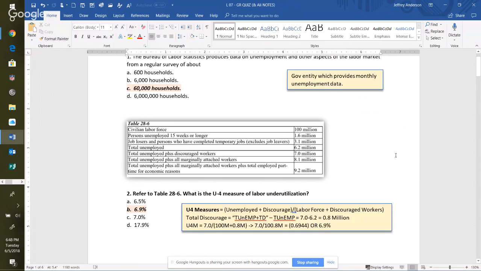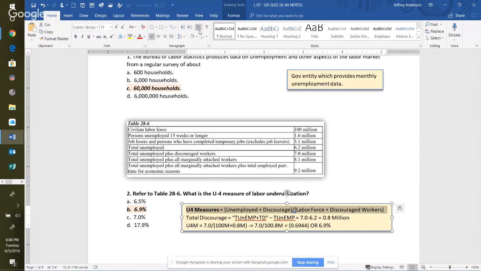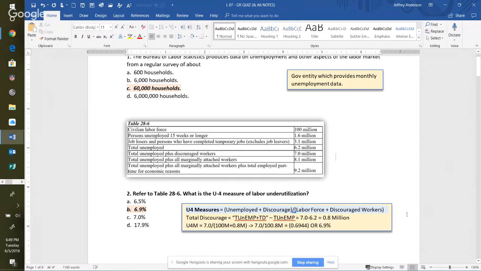So total unemployed plus... wait, so what's the formula for the total discouraged? It's total unemployed plus total discouraged minus total unemployed? Can you see that? I just turned it blue. Yeah. And then what's the formula below that one?